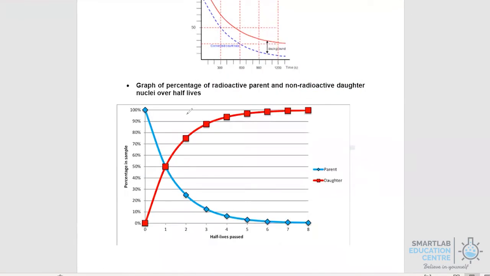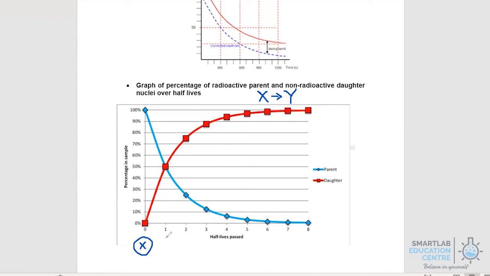The next graph displays the percentage of radioactive parent and non-radioactive daughter nuclei. So say, for example, we have the radioactive parent, which is X, and after disintegration, it will become Y. We need to assume that Y is no longer radioactive, which means it won't further disintegrate or break down. Let's start off by using a pie chart to represent the number of parent nuclei.